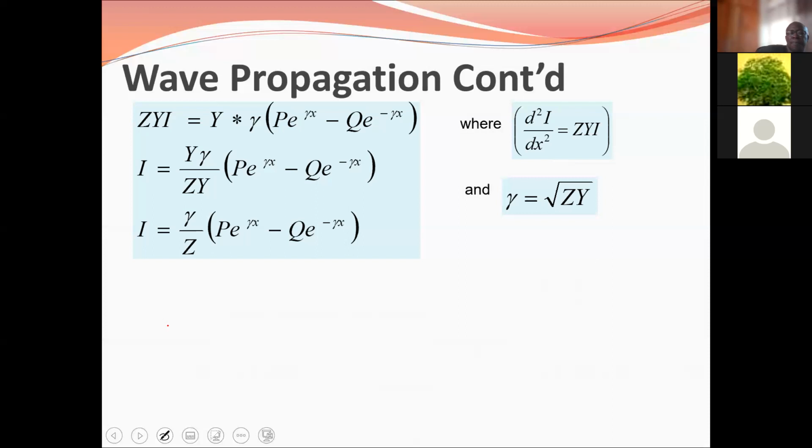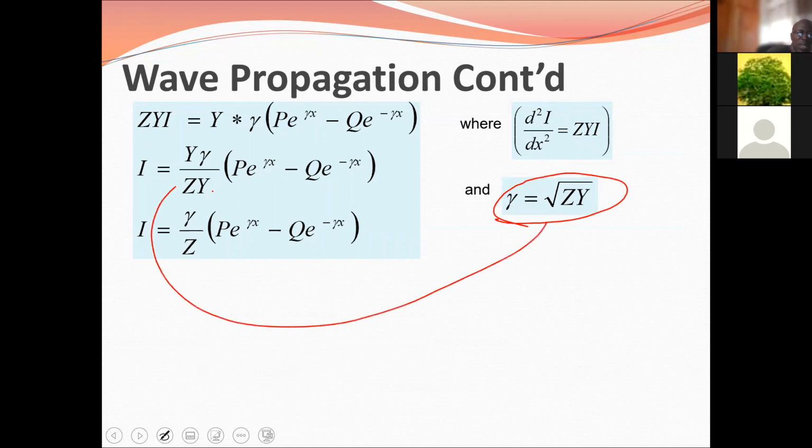All right. So if gamma is equal to square root of zy, we just proved that. So we make the substitution here.